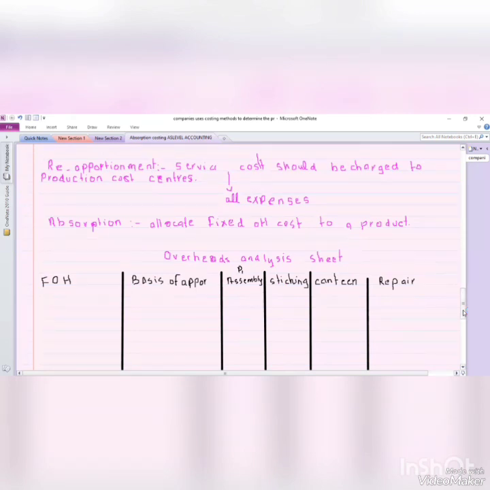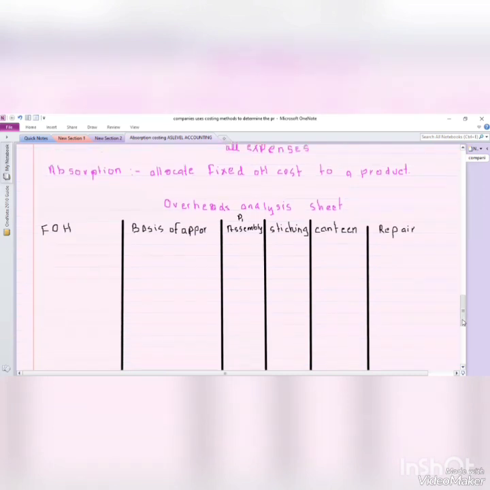For these four steps of absorption costing, we will discuss each and every step in this overhead analysis sheet.